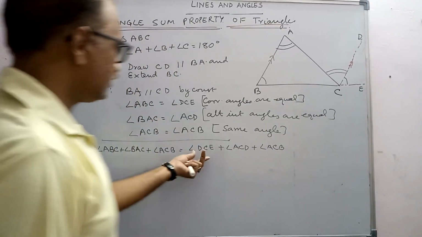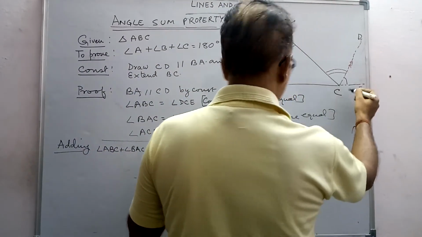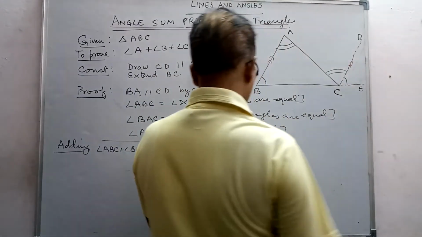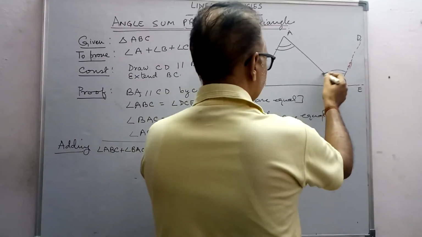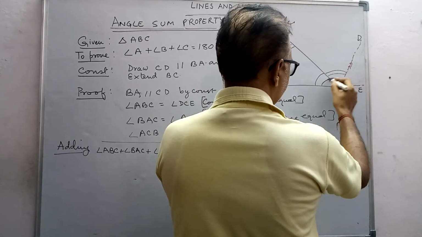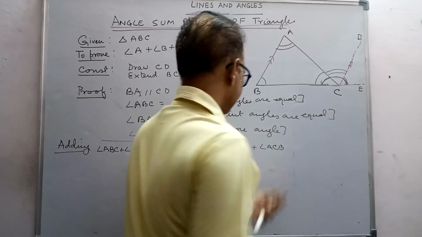Now you see DCE means what? DCE means this angle. ACD means what? This angle. And ACB means what? This angle. This means this plus this plus this. All these three angles when they are added, it gives you a straight line. It is a straight line, so it gives you 180 degrees.